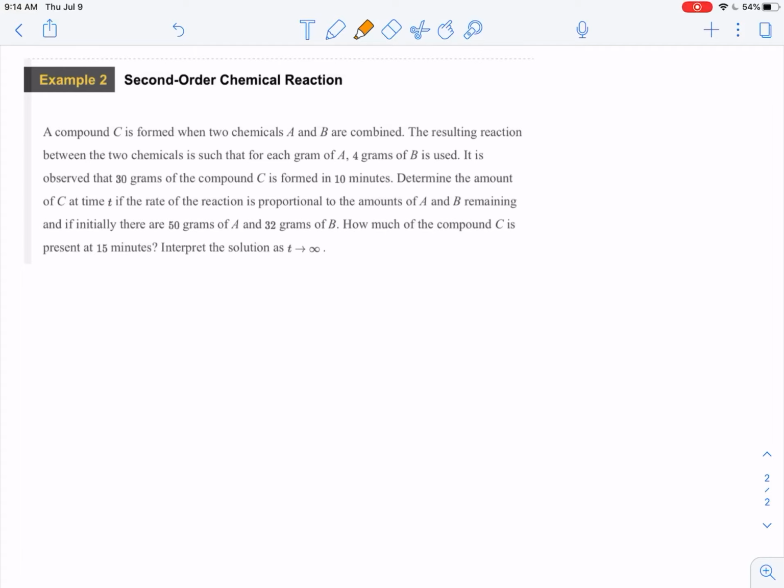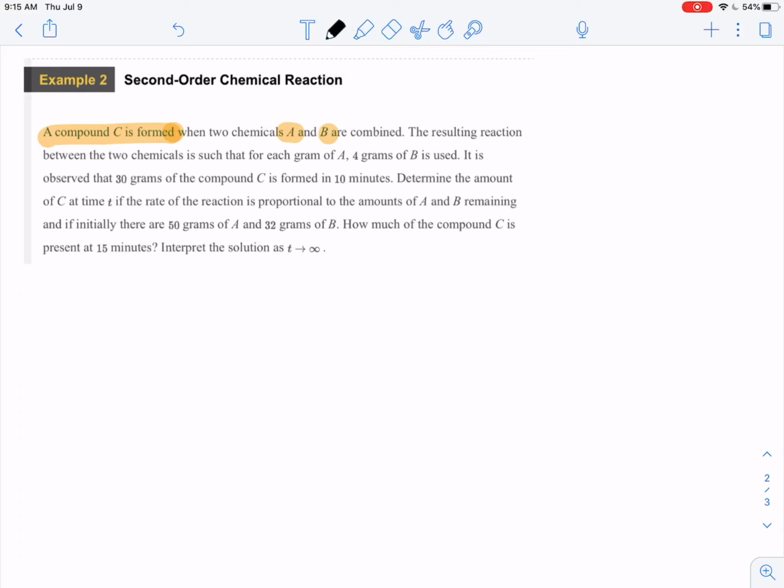Okay, so what we have now is a different type of notation here that you want to use for the chemical reaction. So this is always like you have a compound that is formed by two other chemicals. And really you're just putting two things together to form another thing. So if you look here, chemical C is formed by A and B. So you're taking two things, making a new thing.